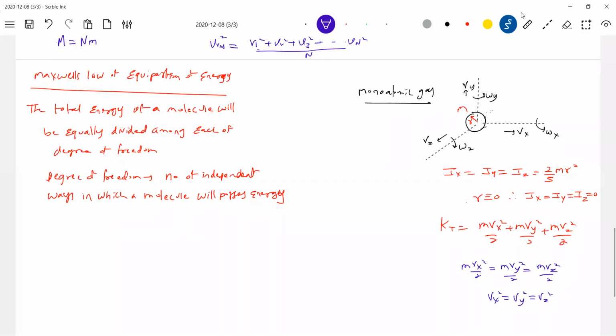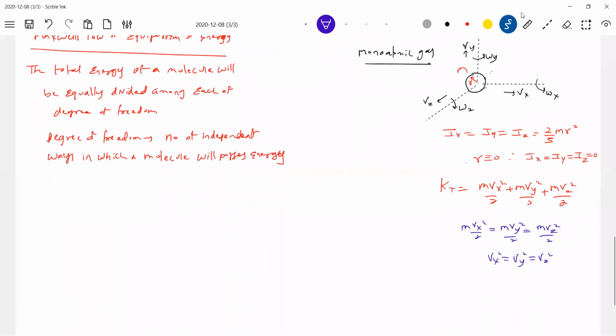So like this, we can put it for a monoatomic gas molecule. Let me take a monoatomic gas with mass m and speed equal to Vrms.